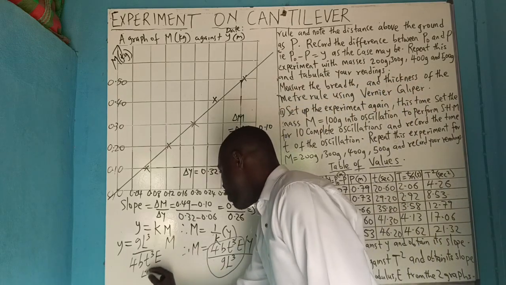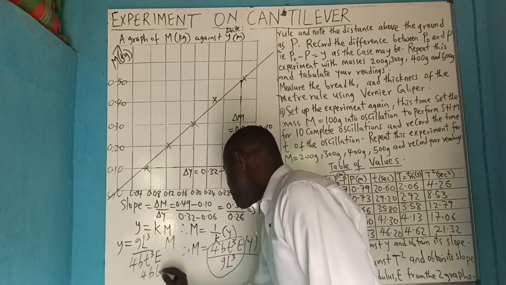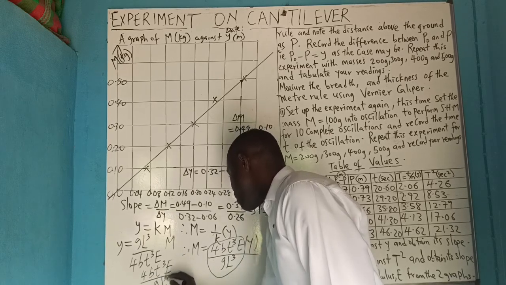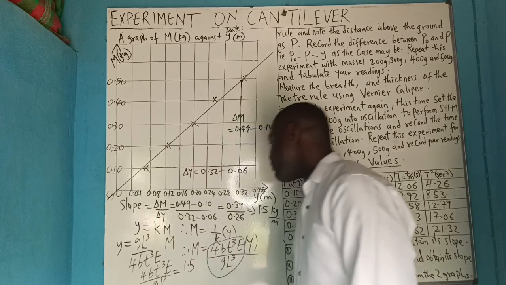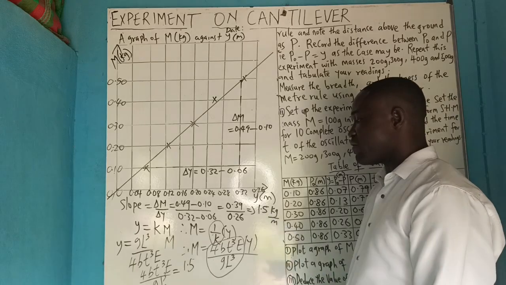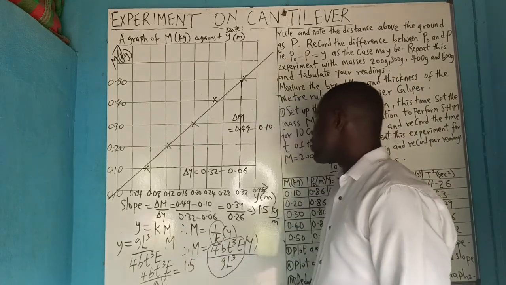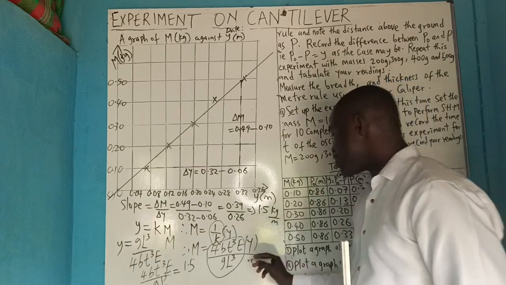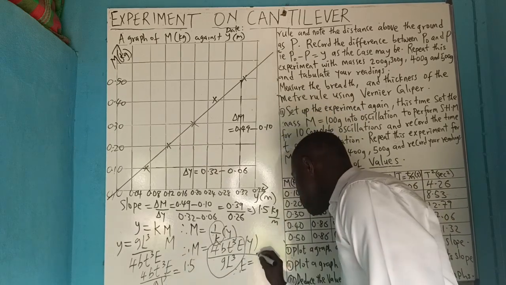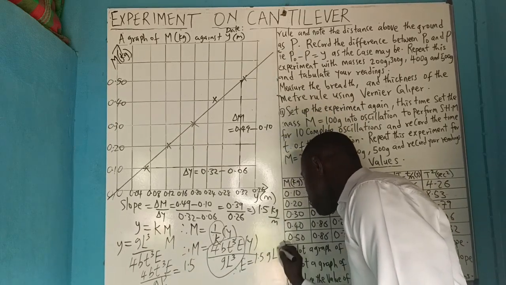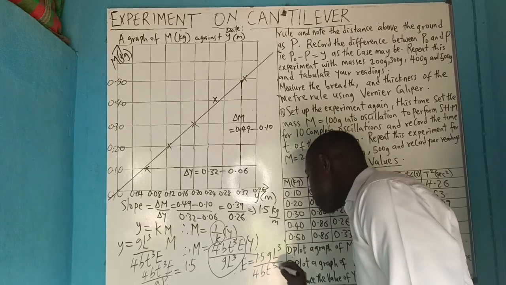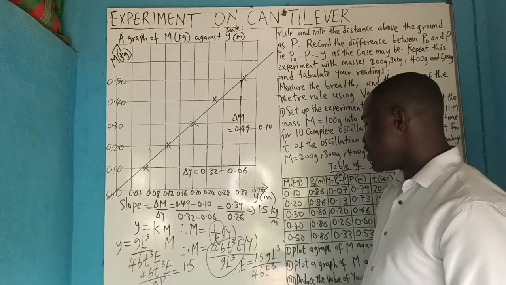We say 4 B T cube E all over G L cube is equals to 1.5, because the slope, which is 1 over K, is gotten to be 1.5. We make our E subject of formula. Making our E subject of formula, we have that E will be equals to 1.5 G L cube all over 4 B T cube.